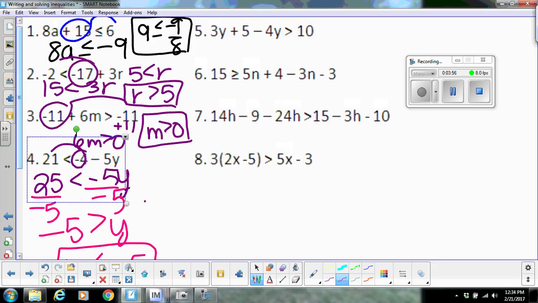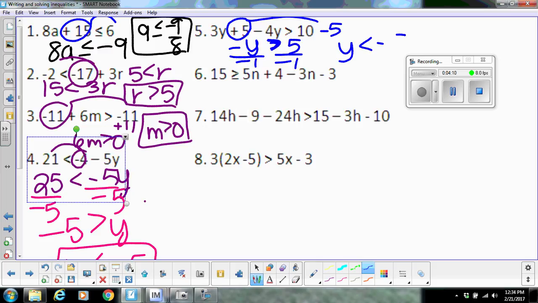All right, now 5, 6, 7, and 8 are just kind of combining like terms and going through your multi-step equations here. And again, right here, you're going to have to divide by a negative, so you do have to flip your sign there.